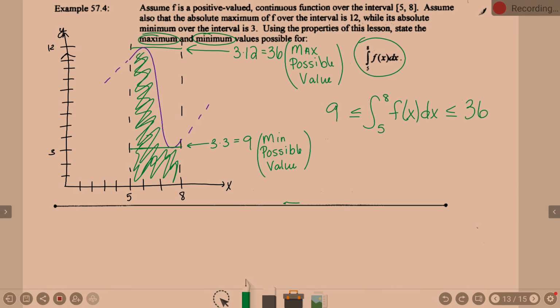Does that statement make sense? It's a fancy way to show that the value of that integral is somewhere between the minimum of 9 and the maximum of 36. Okay.